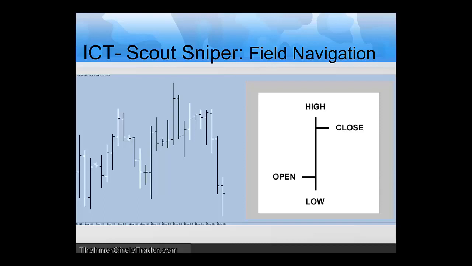Notice, this is a daily chart of the euro, how many times the open is at the opposite extreme of the daily bar from where the close is. There's enormous amounts of opportunity within the daily range, and that is what you should be looking for. You want to be trading at the very minimum in the directional bias of the daily range.